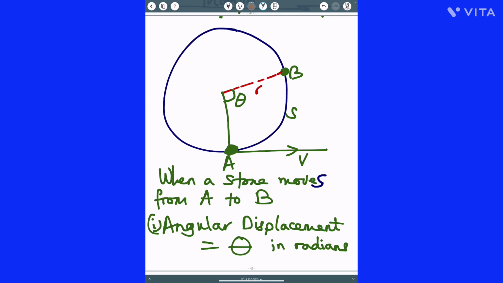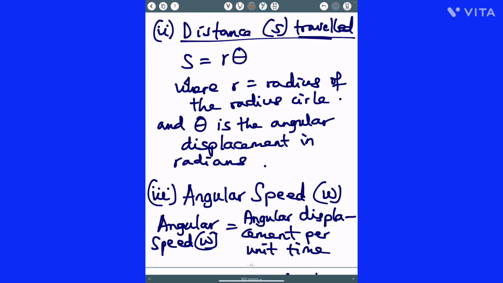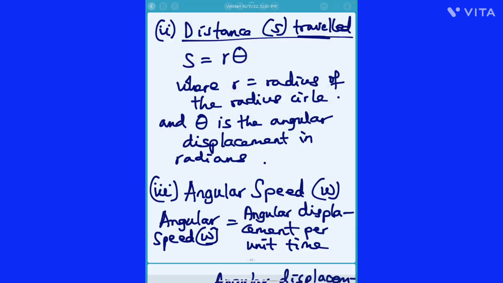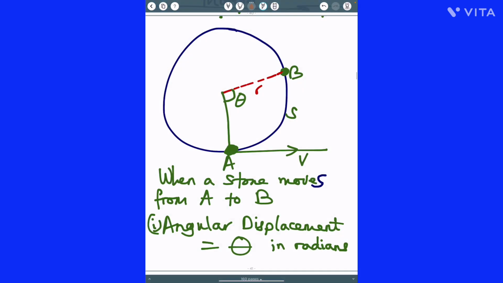Now, if that angle theta is measured in radians, the angle is referred to as its angular displacement in radians. Angular displacement is the angle turned by an object moving around a circular path measured in radians.